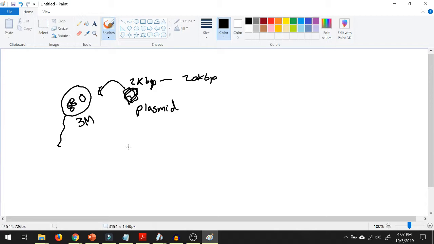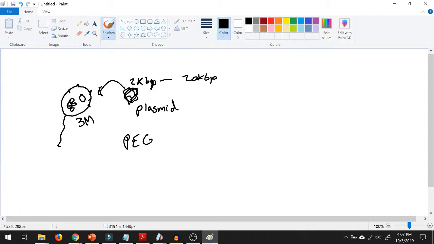The chemicals that are usually involved are polyethylene glycol in bacteria and yeast. What PEG, polyethylene glycol, does is it helps open up the bacterial membranes, right?